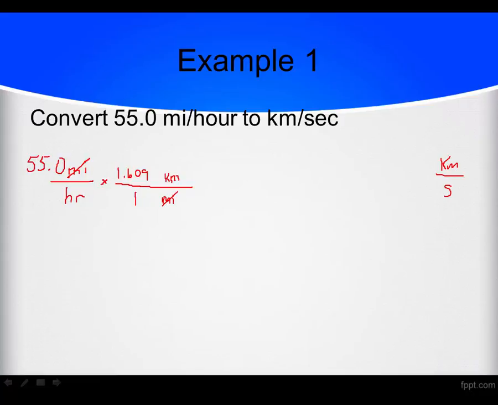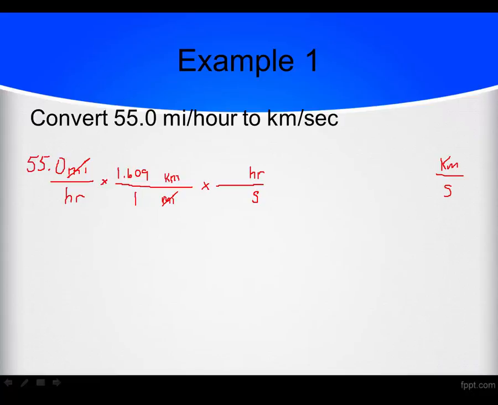Does that mean I'm done with the problem? No, I want seconds on the bottom. So I've got to use another step of dimensional analysis to get rid of those hours. Like I said a minute ago, if I want to get rid of something on the bottom, I have to put the matching unit on top. Do I know how many seconds there are in an hour? Yeah.